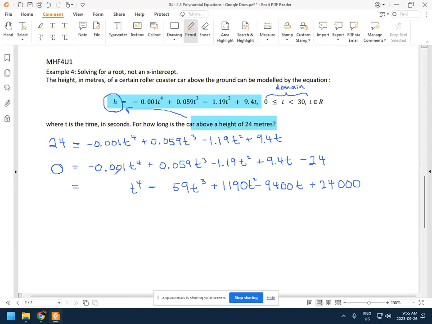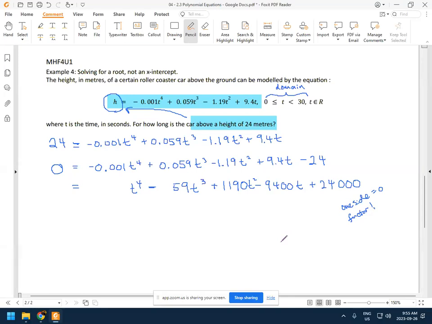How do we factor? Yes? Find factors of 24,000. Okay, go. No, I'm just kidding. I'll give it to you.